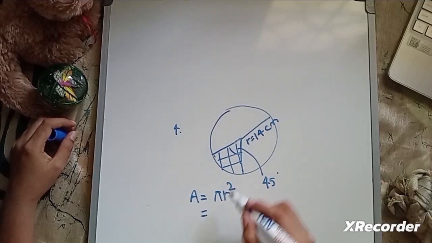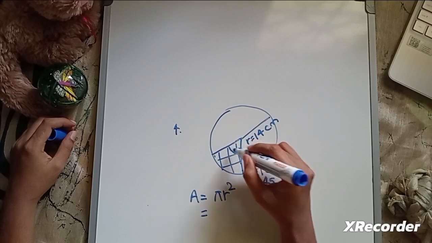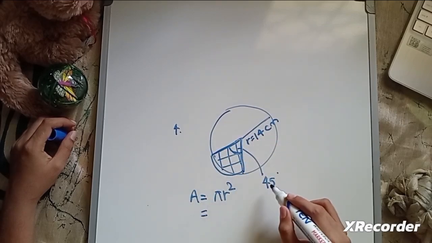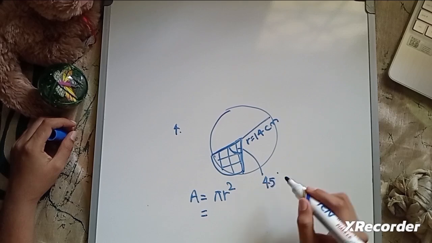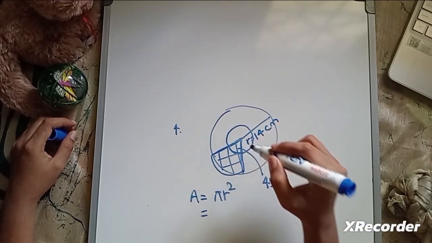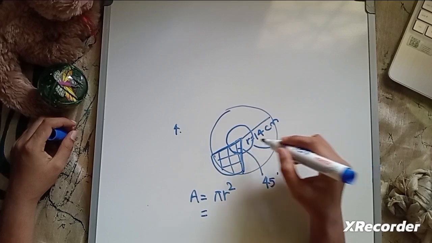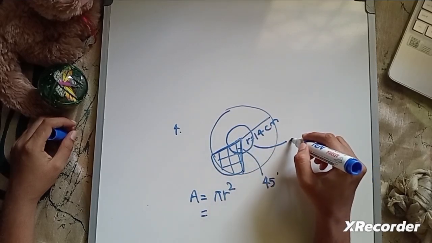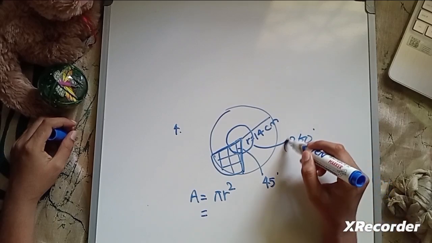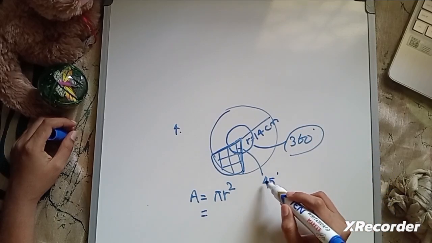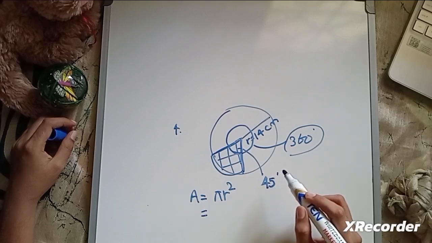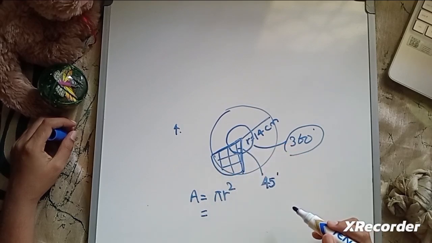Then to find this portion, we can write this by using these angles. You know that the whole angle at the center of a circle is 360. From that 360 angle, we have cut a 45 degrees part.